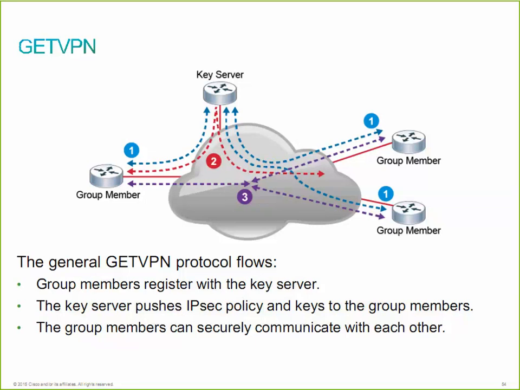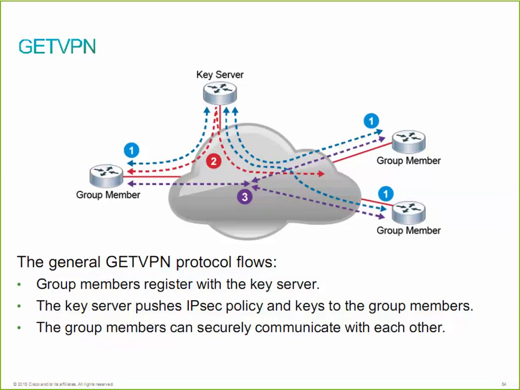It is obviously developed by Cisco, so it is Cisco proprietary in a sense, and it offers really a new standards-based approach, because it is based on the IPSec security model, and it uses this concept of what we call trusted group members.